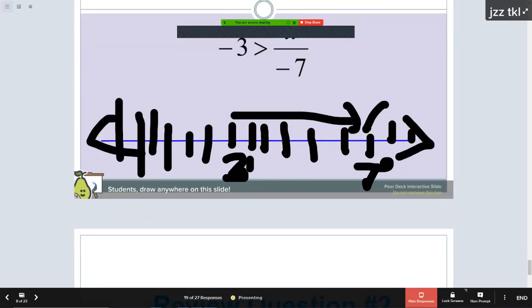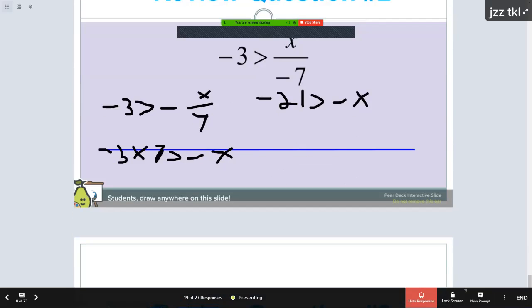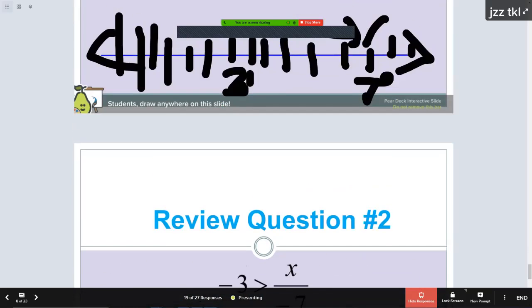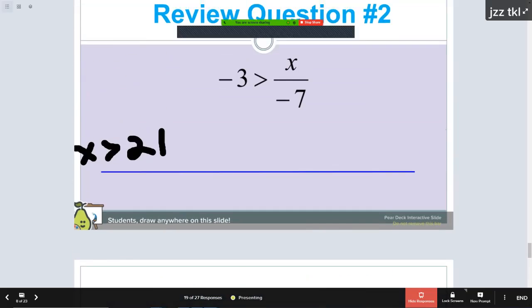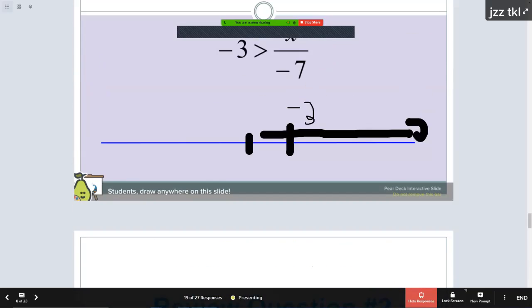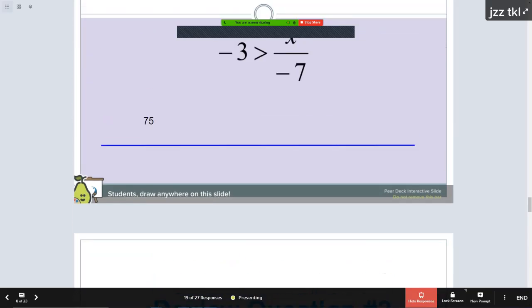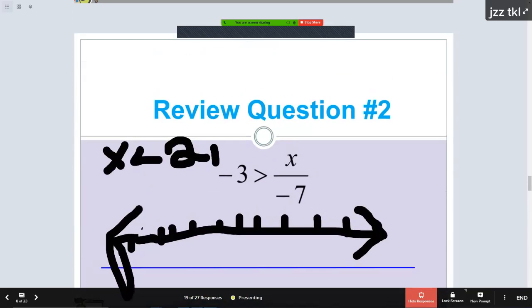Looking for any others that stand out. Why didn't we flip it? Well, I flipped mine because I thought you said that it was multiplication. I mean, flip the sign so the arrow could go that way. Yeah, so originally the mouth is eating the number, right? After we get x by itself, when that sign flips, now the mouth is eating the letter. So this person didn't flip their sign. What they did, they flipped the sign, but then they also moved both of the things.